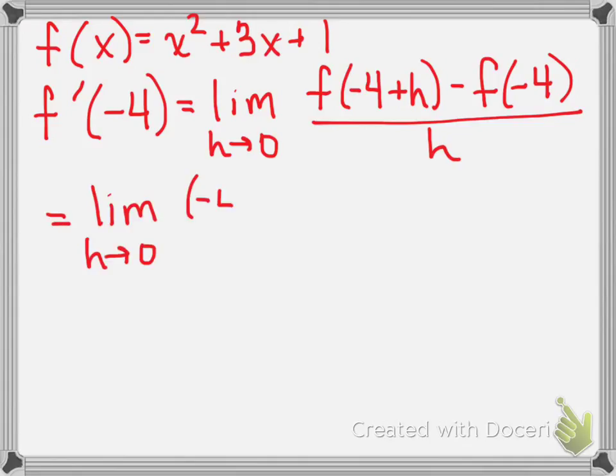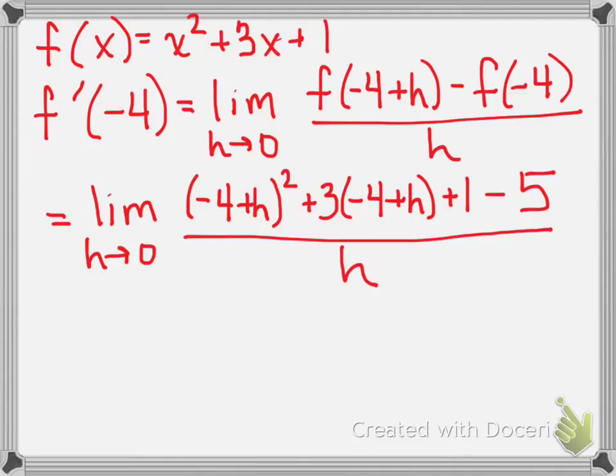We get the limit as h goes to 0 of (-4 plus h) squared plus 3 times (-4 plus h) plus 1. So that's the f of -4 plus h part. And then this minus 5, that is f of -4, all divided by h. Okay, so let's do some simplifying.